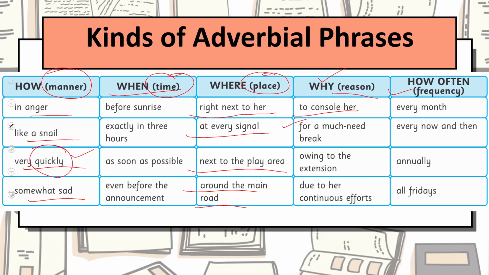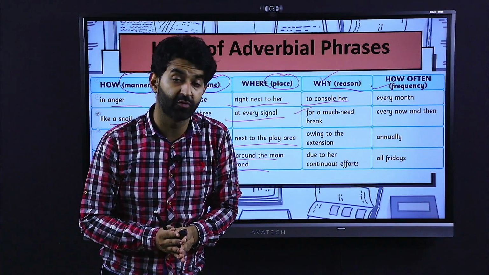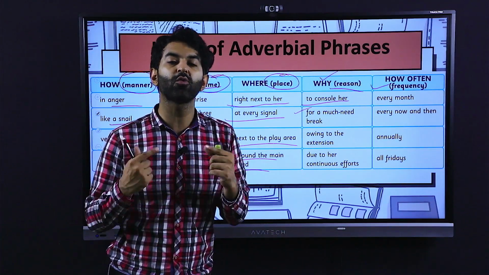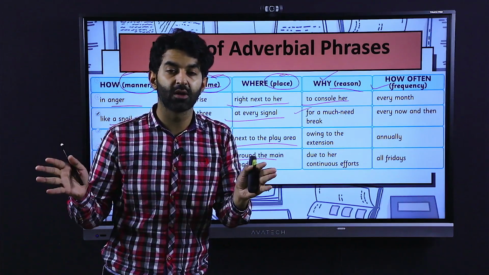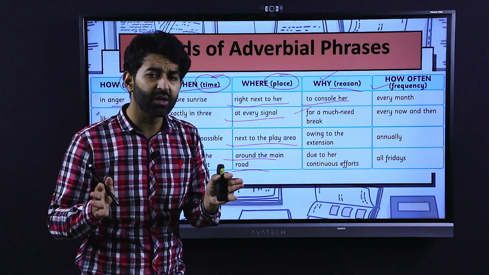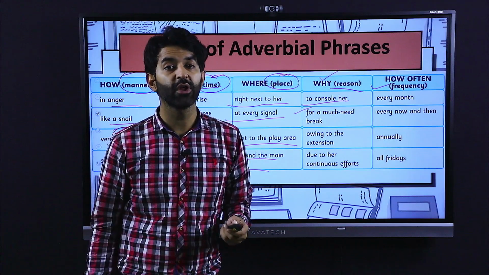And adverb of frequency is telling you how often and how frequently a thing is happening. Is it happening every month, every now and then, annually, all Fridays, every day? All these types of adverbs that are telling you about frequency are our adverbs of frequency.